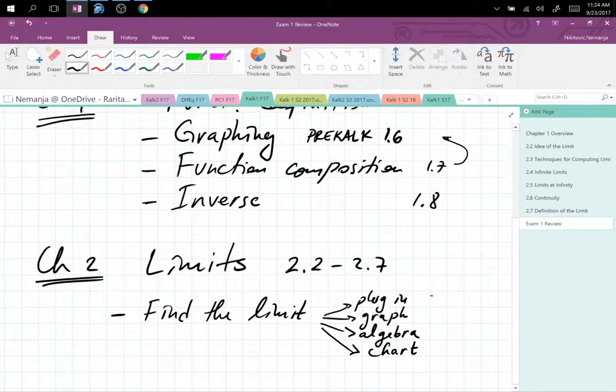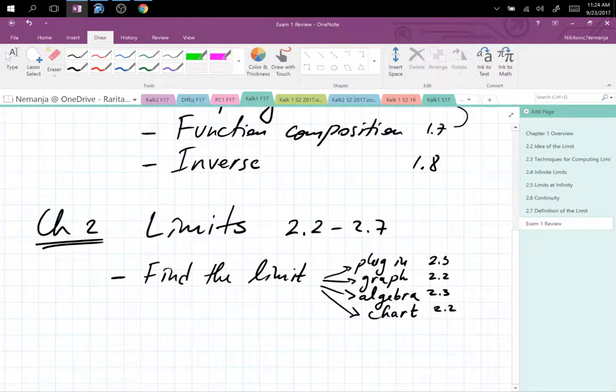So plug in is 2.3, graph is 2.2, algebra is 2.3, and chart is 2.2. So those are all the ways to find the limit. Something will work. If nothing works other than a chart, so be it. It's going to be you punching the calculator, right, to get 6 values, or 8 values or whatever, to find where the limit goes.